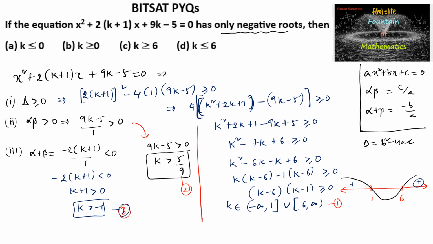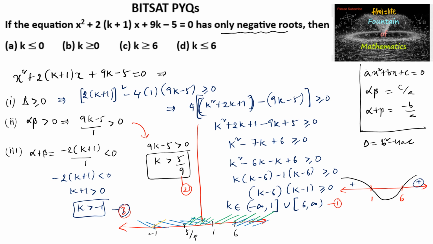So we can consider, say minus 1 is here and 5 upon 9 and then 1 and then again 6. So from 1 we have above 6 and below 1, and from the second one we can say more than 5 by 9, and from the third one we can say it is more than minus 1.